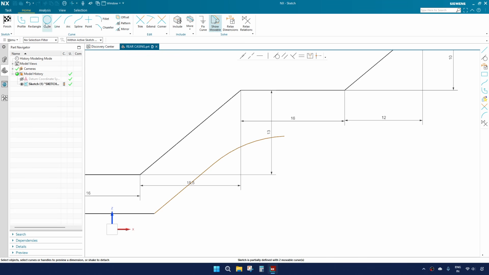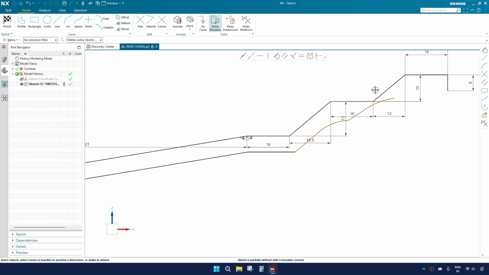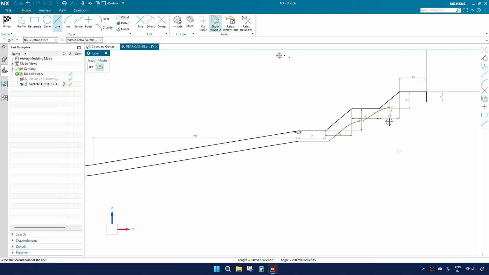Continue the profile. One more inclined line. More 3-point arc. While drawing the arc, hold Alt to prevent any unnecessary constraints. More horizontal line.